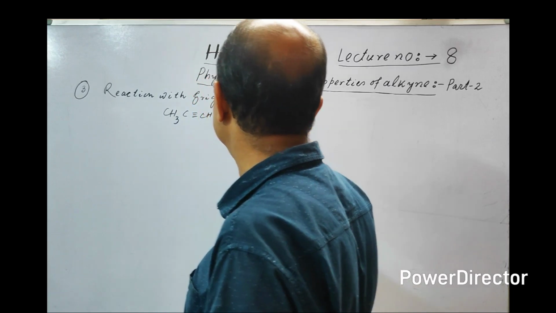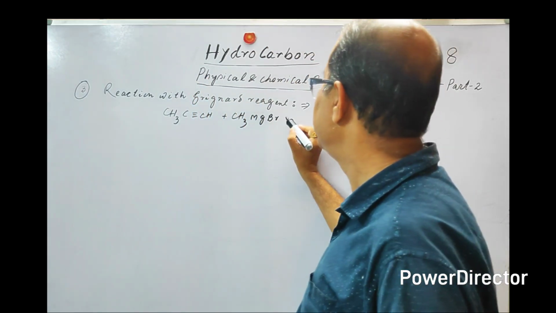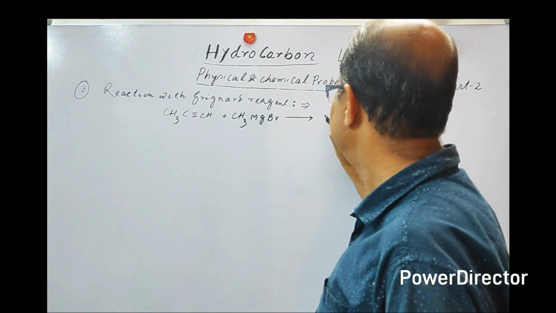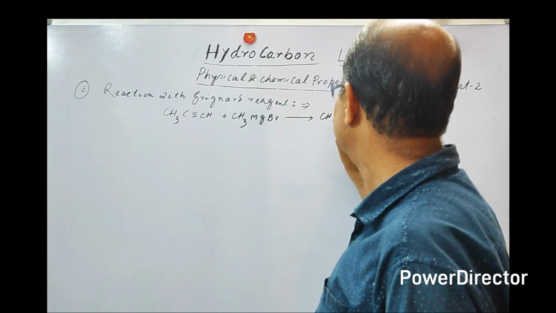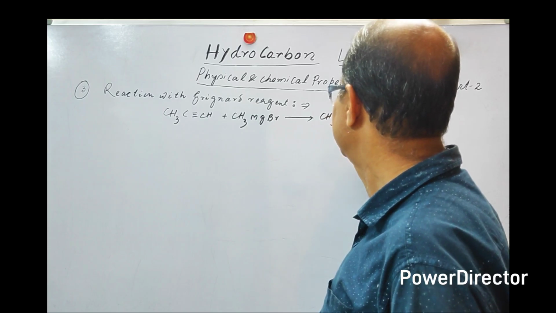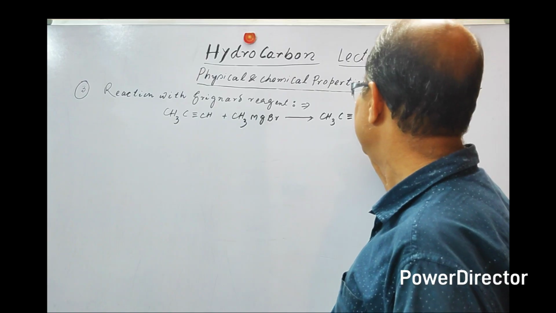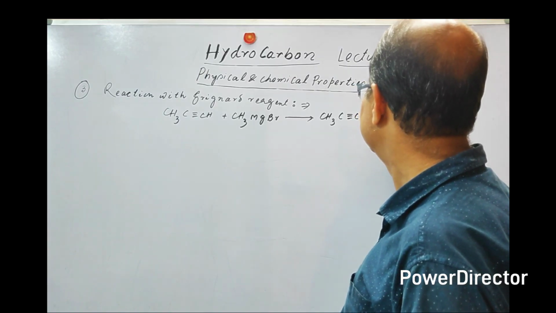CH3MgBr is a Grignard reagent, so it is going to produce CH3C≡CMgBr.